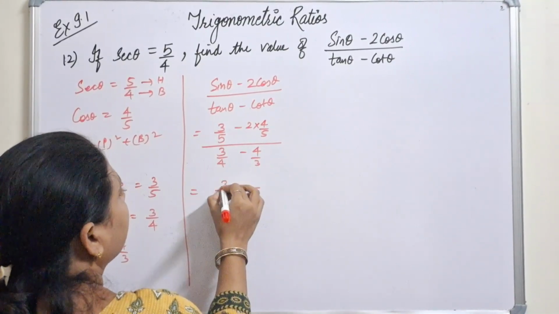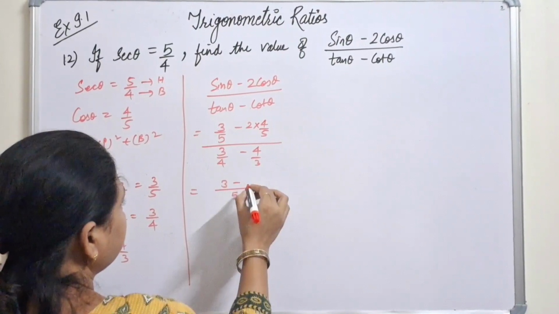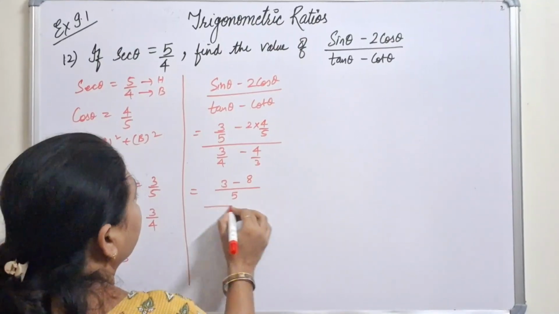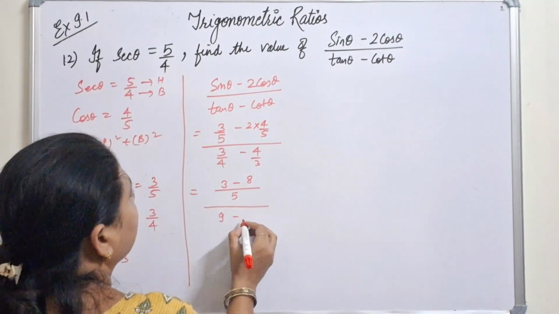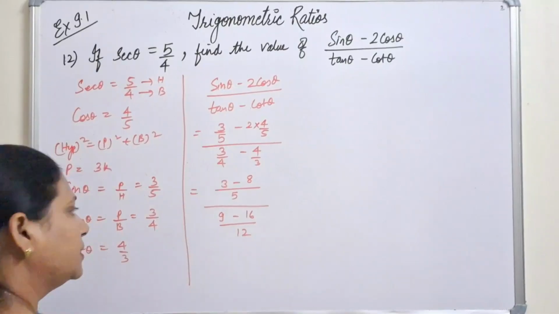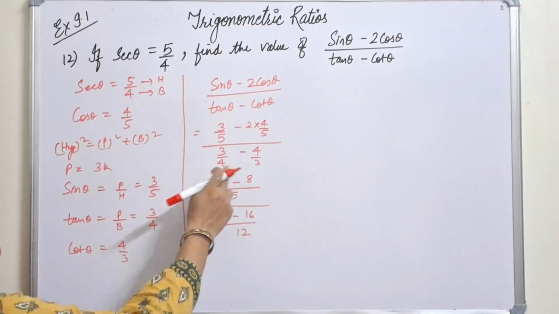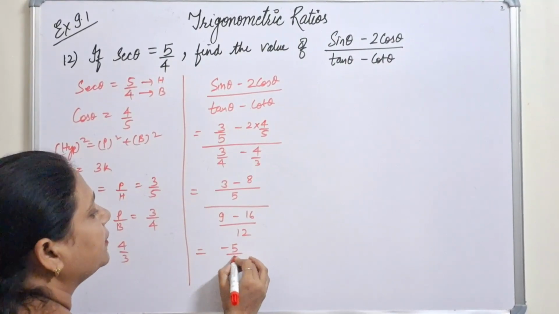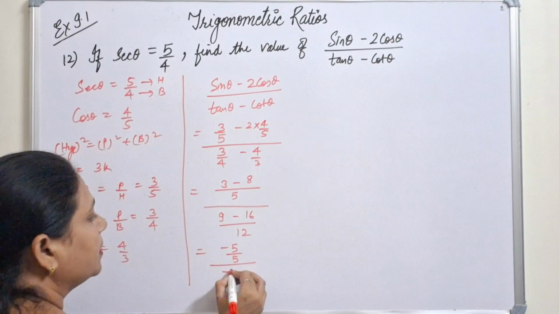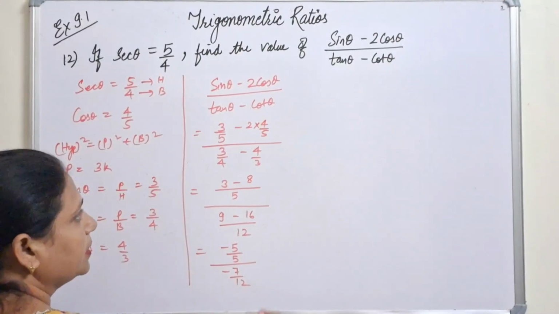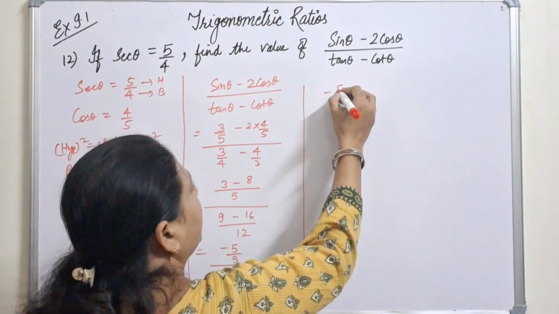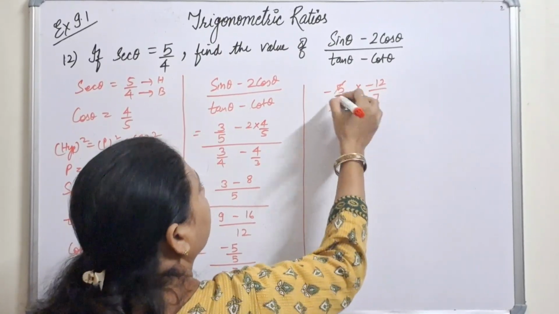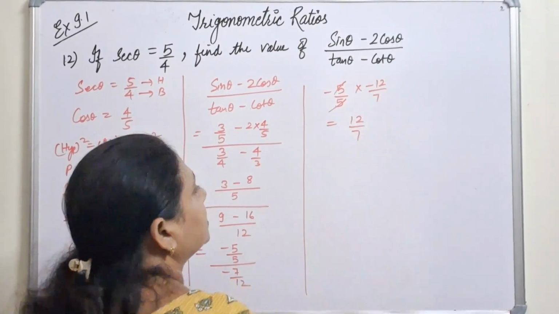LCM lenge idhar 5, 3 minus 8 upon 5, whole upon 9 minus 16 upon 12. 12 will be the LCM in the denominator. So this is minus 5 upon 5, whole upon minus 7 upon 12. So minus 5 upon 5 into minus 12 upon 7. Ye toh cancel ho gaya. Minus into minus plus. Answer is 12 upon 7.